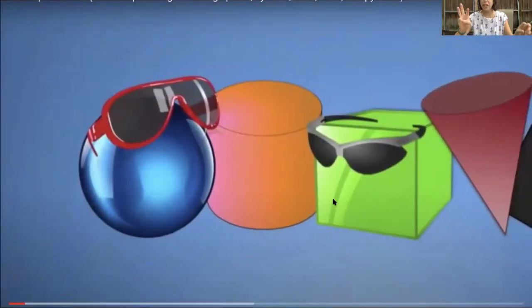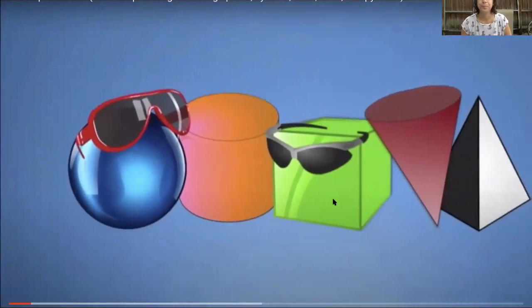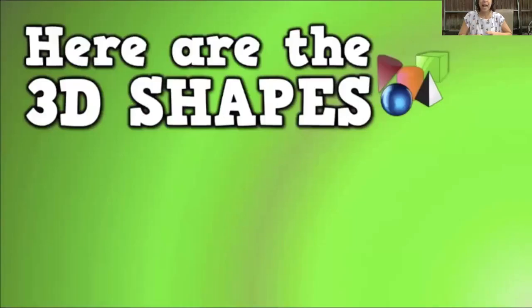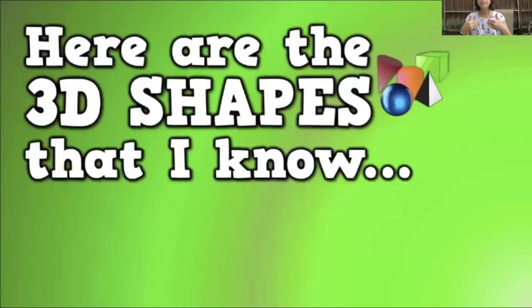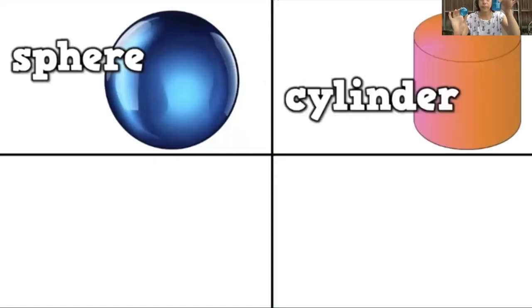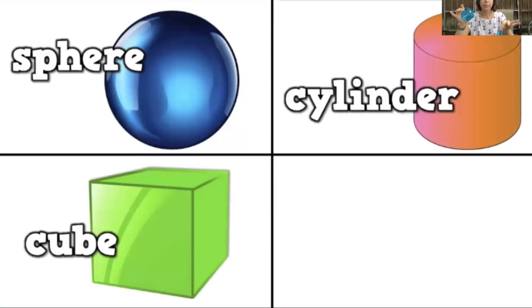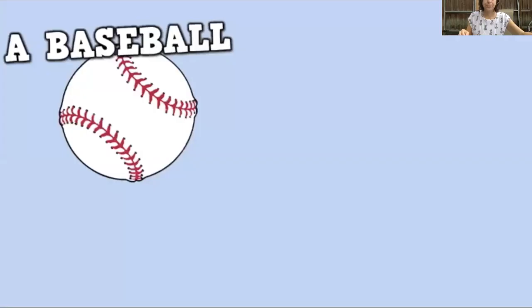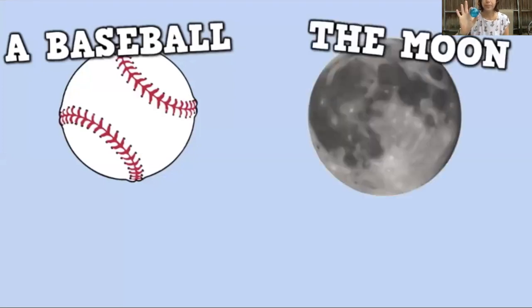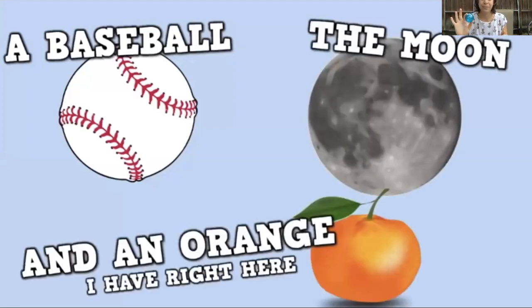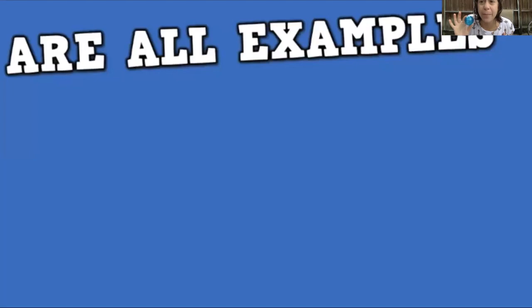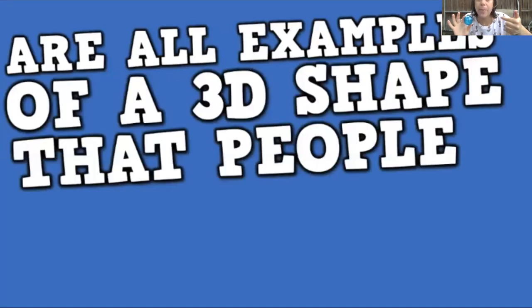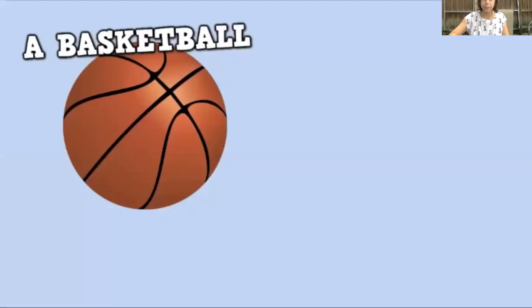I'm a 3D shape expert. Here are the 3D shapes that I know. A sphere, a cylinder, a cube, and a cone. A baseball, the moon, and an orange I have right here are all examples of a 3D shape that people call a sphere.